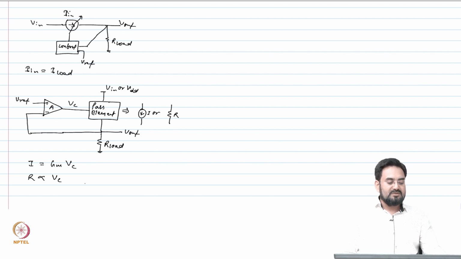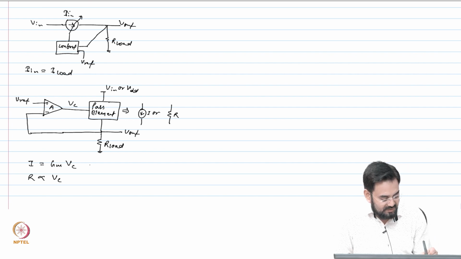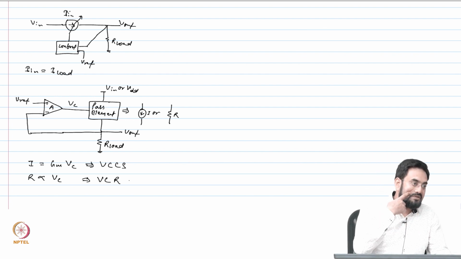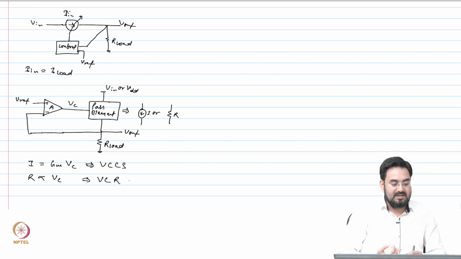Okay. So, now you can control your R with Vc or control your current with Vc, and this is your voltage controlled current source, and this is your voltage controlled resistor. So, you can use either of the two, you can use resistor or current, but most of the time we use current.